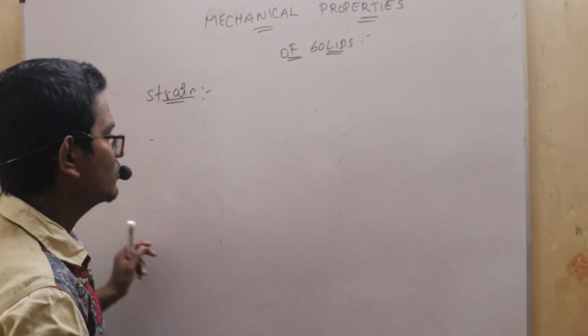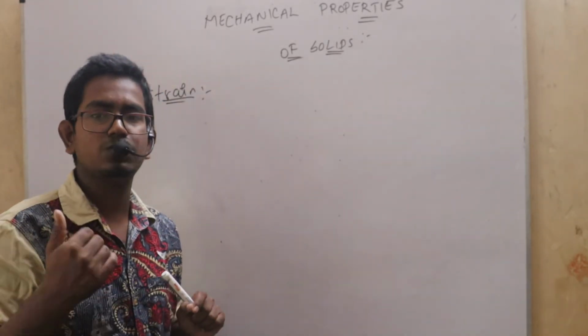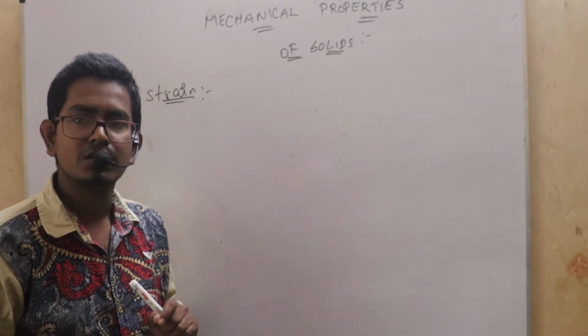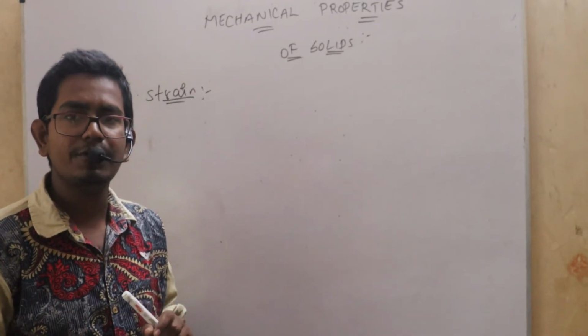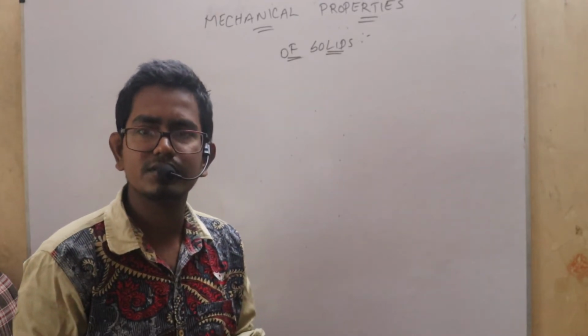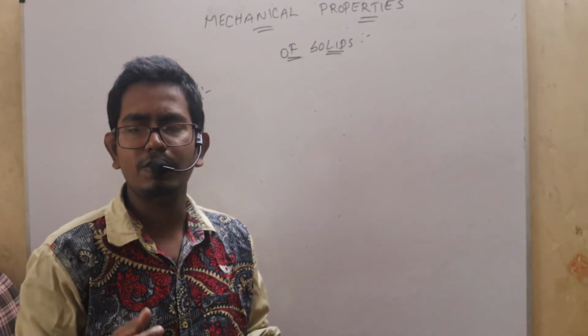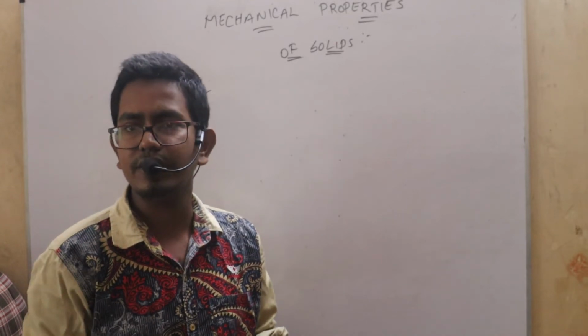If I am changing the volume by applying the deforming force, I call it volume stress. If I am applying the deforming force to change the size, I call it longitudinal stress, and whatever change I experience will be known as the longitudinal strain.